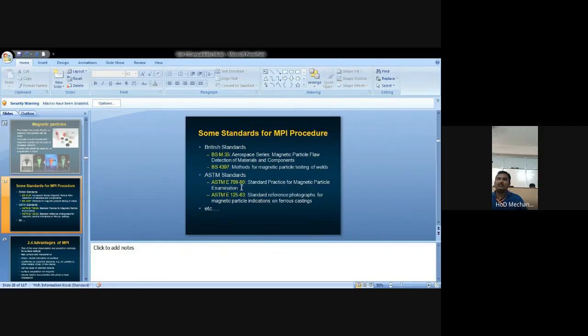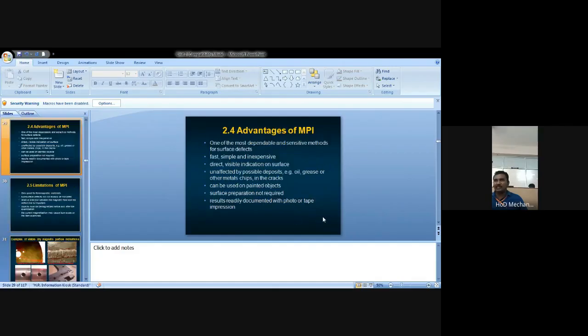ASTM standard, the American standard for testing of materials: ASTM E709 and 80, the standard practice for magnetic particle examination. And another standard is ASTM E125, the standard reference photographs for magnetic particle indications on ferrous castings.